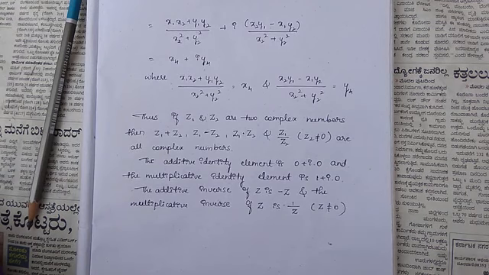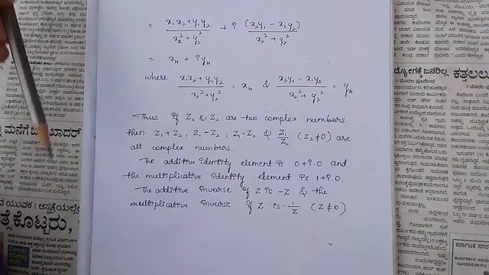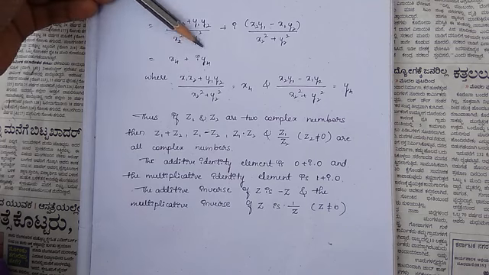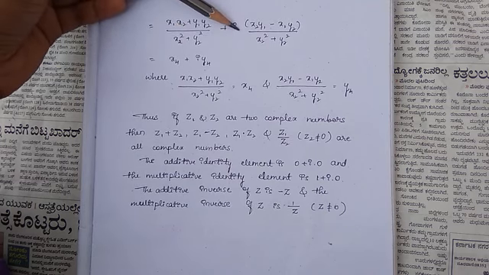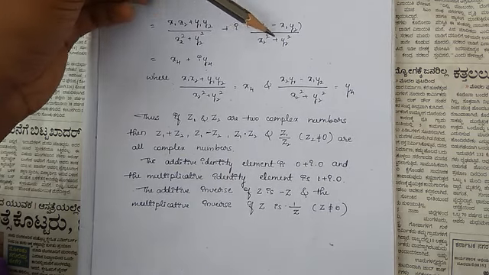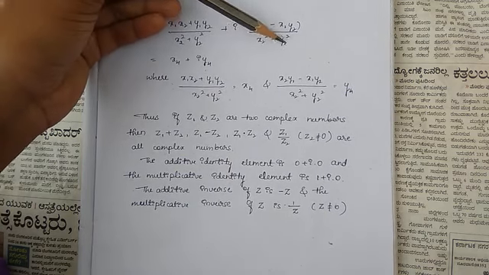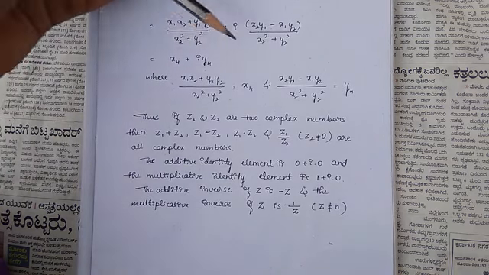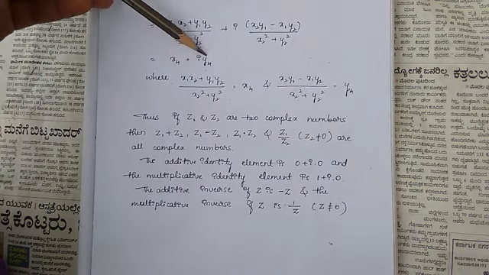That's equal to x1 x2 plus y1 y2 divided by x2 square plus y2 square plus i into x2 y1 minus x1 y2 divided by x2 square plus y2 square. Okay, so consider this term as x4 and this term as y4.